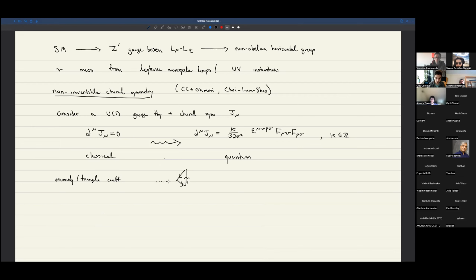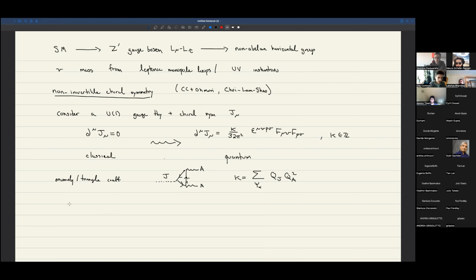We have our current coming in. Here's J, and then we have two photon dynamical gauge fields coming out. And of course, we have a formula for K that you get from this, which is the sum over all Weyl fermions of the charge under J and then the charge under A squared.